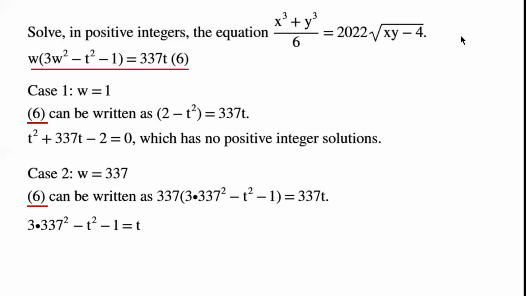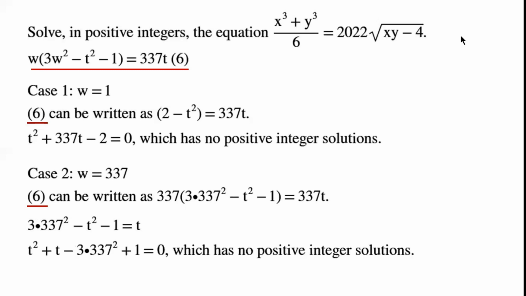By simplifying the equation, we can now write 3 times 337 squared minus t squared minus 1 equals t.